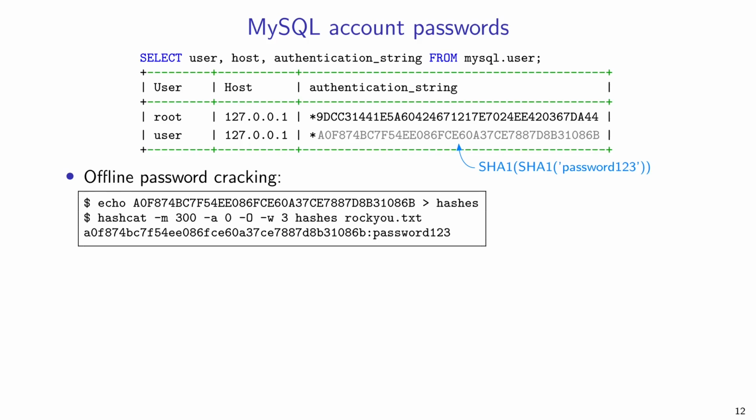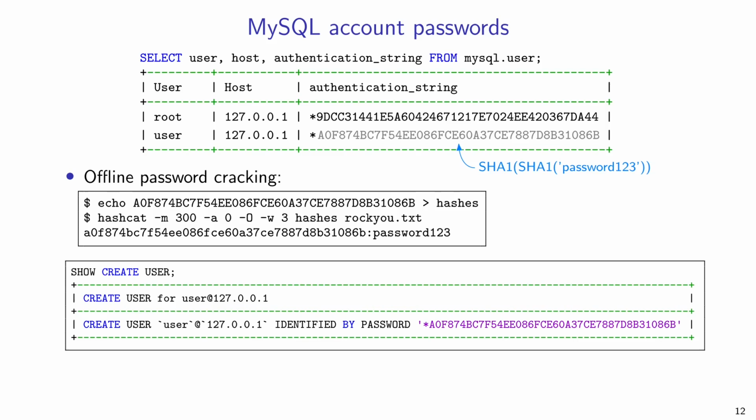However, cracking the password may still be useful, as it might be reused for other services. Note that the password hash of the current user can be obtained by executing the show create user statement. The problem, however, is that these types of show statements cannot be used inside a select statement. So it may be problematic for an attacker to obtain this information through an SQL injection attack.